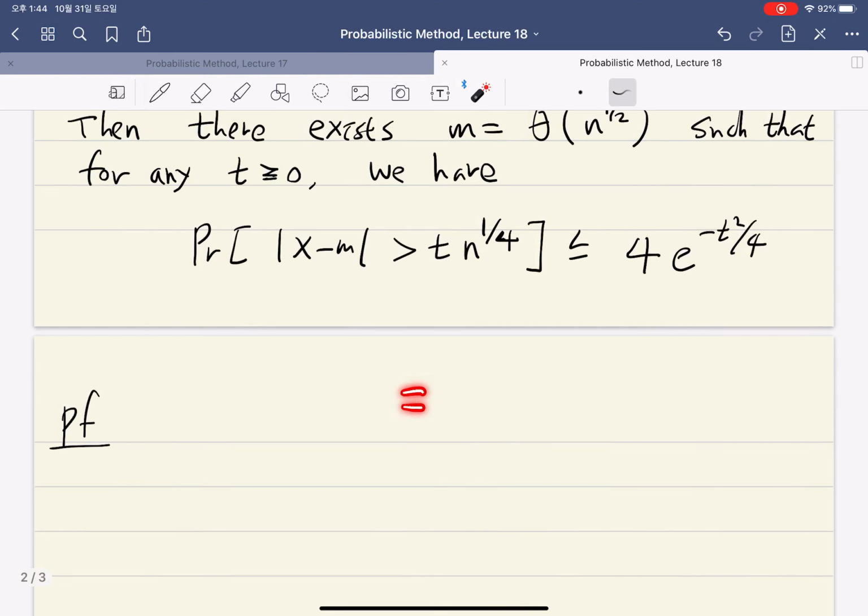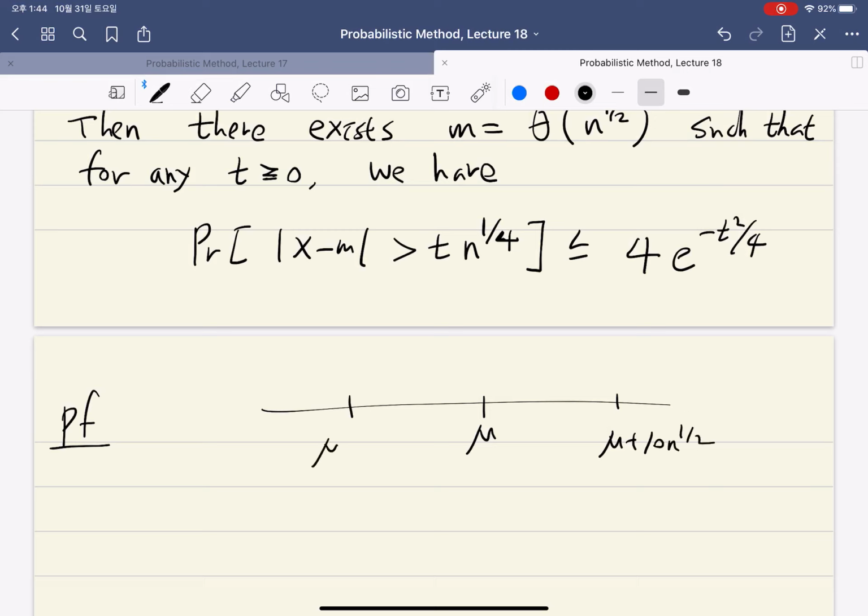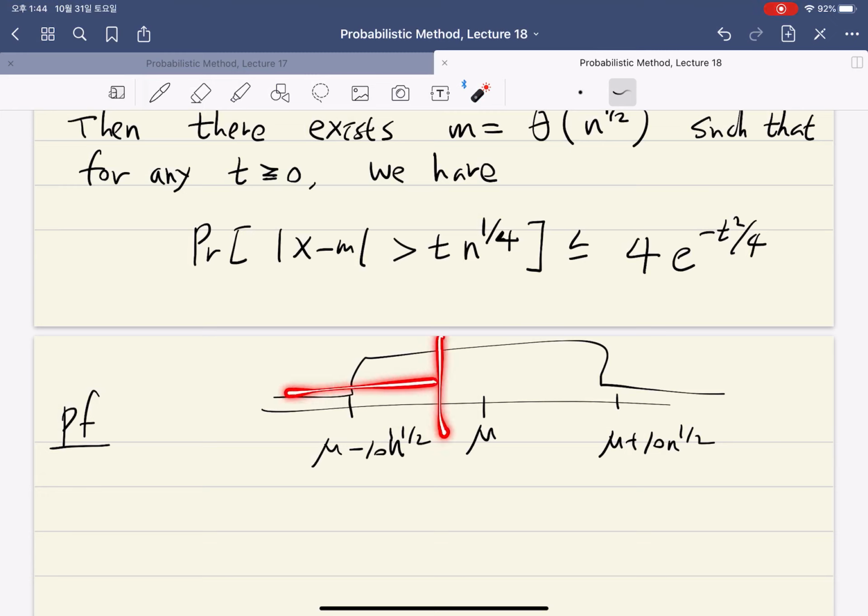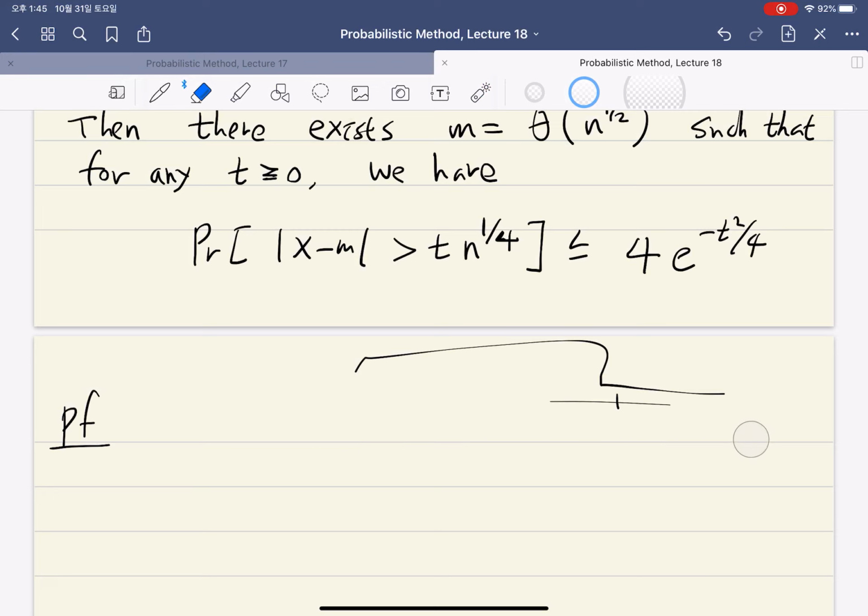Then you can see that M lies in between, because 90% of the measure is right here, and the median is the point where we have half below, half above. So M is between that. That's one obvious way.